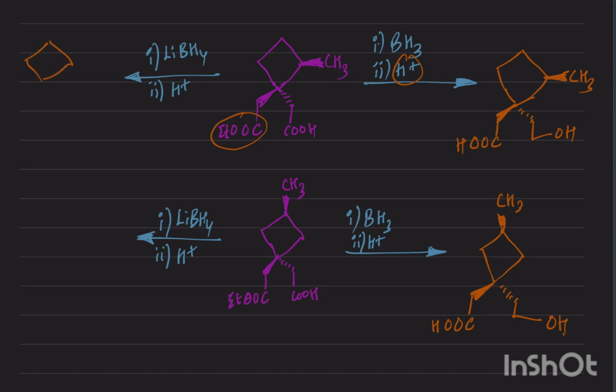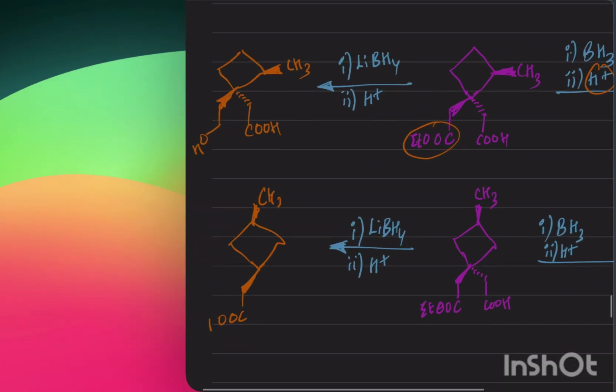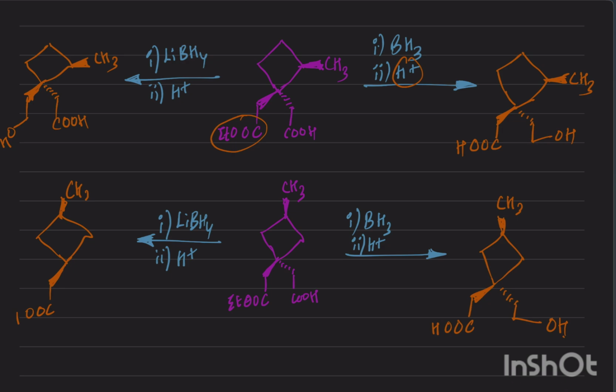Similarly, when we react with LiBH4, the CH3 will remain the same, and this will become alcohol. This will remain the same. Here also, the ester will be reduced to alcohol, and the acid will remain the same.